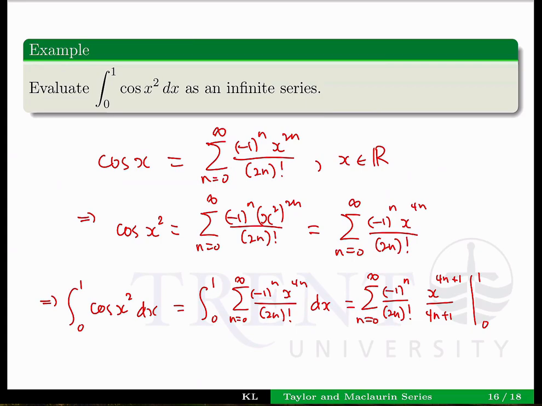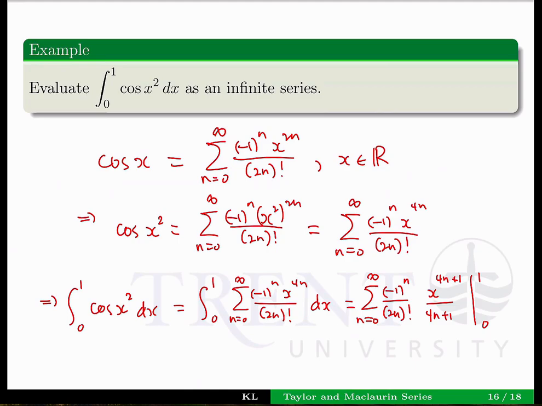Your n starts from 0. When n equals 0, 4n plus 1 is 1. So there is no constant term. As expected, because you are integrating. The constant term is your plus c, if you had that plus c. So if we evaluate this from 0 to 1, when x equals 0, it all disappears.